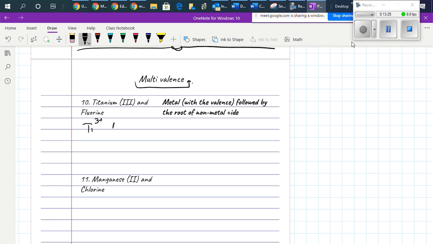And fluorine, which is in the 17th group, has 7 electrons in the outer shell, will need 1 electron to complete, so it will be -1. So now 3 goes here, 1 goes there, and then we'll have TiF3. And the name will be titanium, specifying what valence it is, titanium 3 in Roman numerals, fluoride.